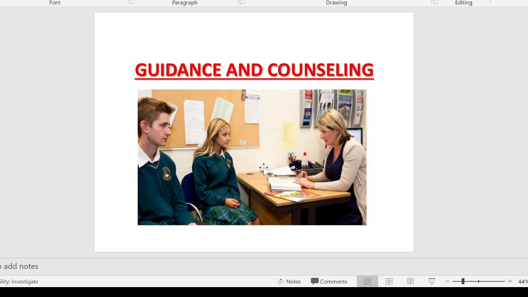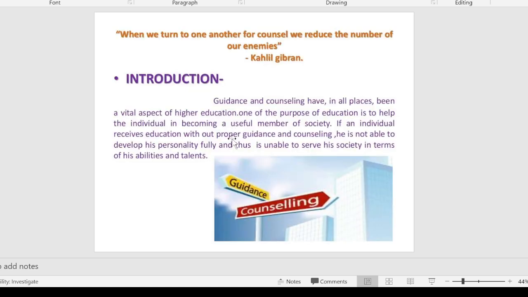When you are sitting in one room and giving some solutions to people, that can be guidance or that can be counseling. In this class I would like to explain the major differences between guidance and counseling, and which people require counseling and which people require guidance. So this is what I am going to discuss.